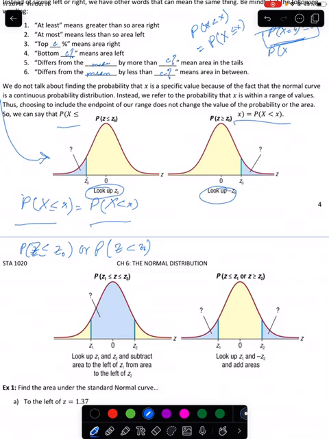Just notice here that because of symmetry, for example, in these 2 pictures, the first and the second, this area is the same as that area. And if the Z is on the left here, in the first case, then it must be a negative value. So this Z naught will be actually the same as this Z naught, but with the negative sign.